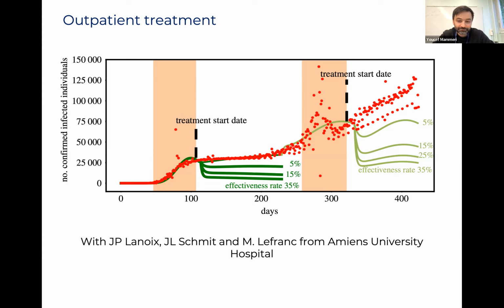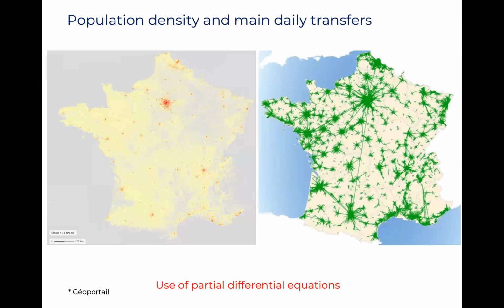You're right. I have another question regarding travelers. You mentioned travelers when you talked about the spatial model. People can move from one country to another country, or from one region to another region in the same country. You can also consider travelers as a source term, without considering space, just in your ODE system.